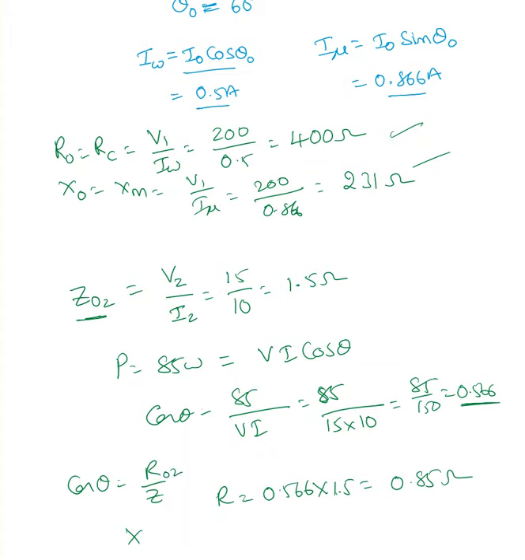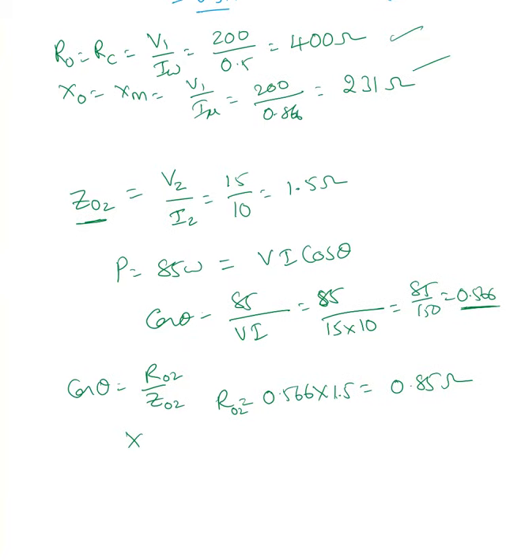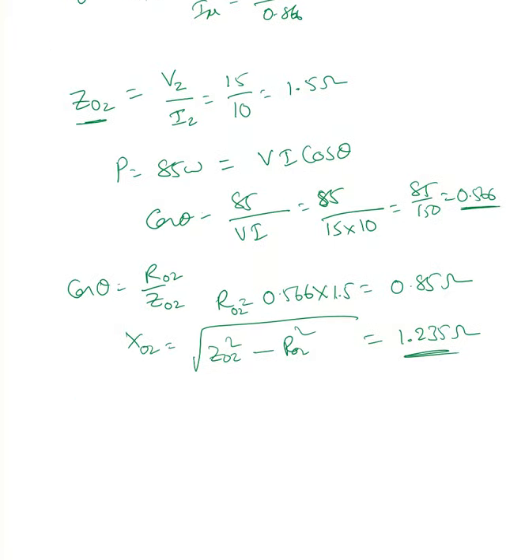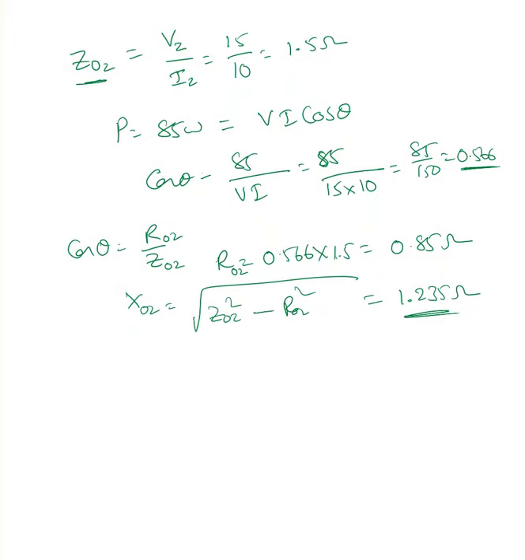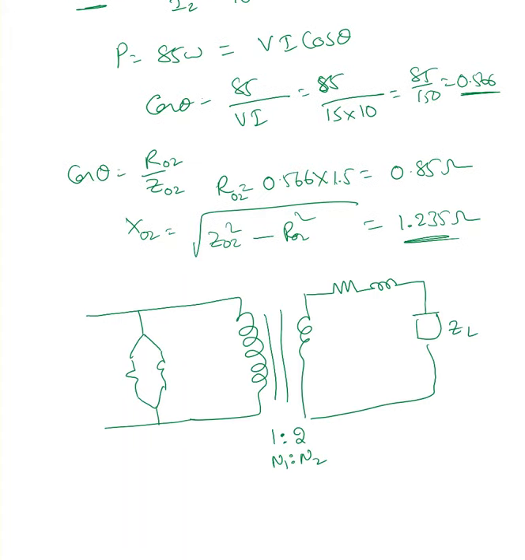Now this is basically R02, because everything is on the secondary side. Now X02 equal to the square root of Z02 squared minus R02 squared. That value is X02 equal to 1.235 ohm. So here is my equivalent circuit. The transformer is 200 by 400 volt, so N1 to N2 is 1 to 2.